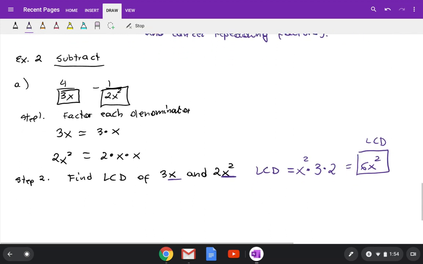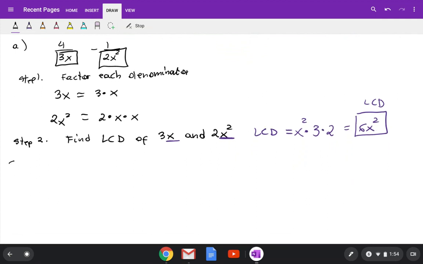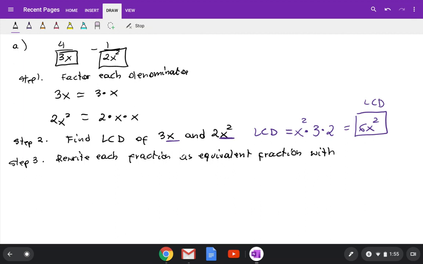So we're ready to move to step 3. Step 3, rewrite each fraction as equivalent fraction with LCD as a new denominator.